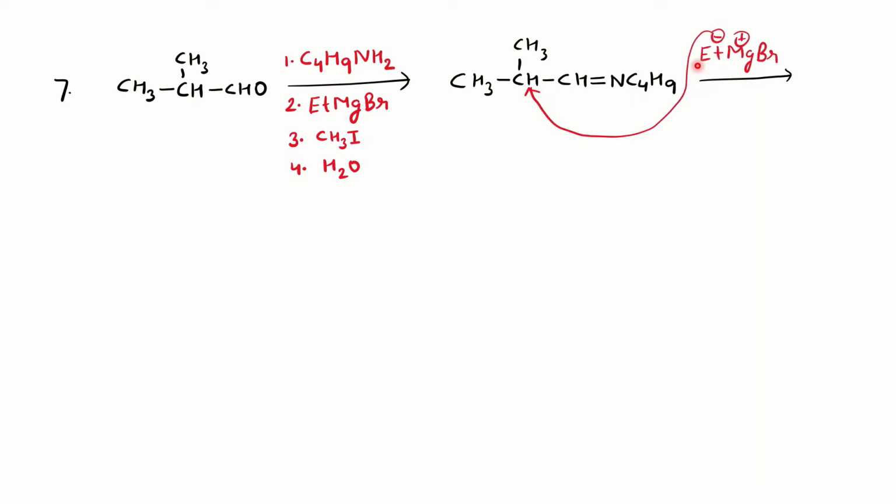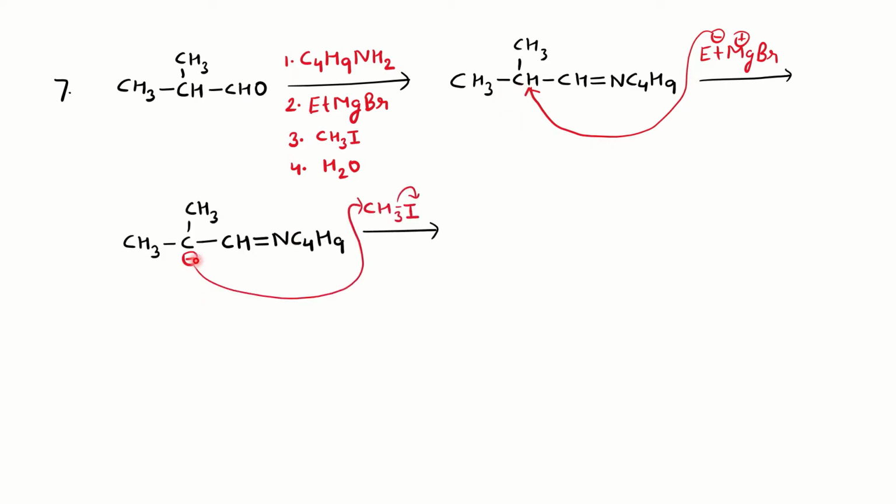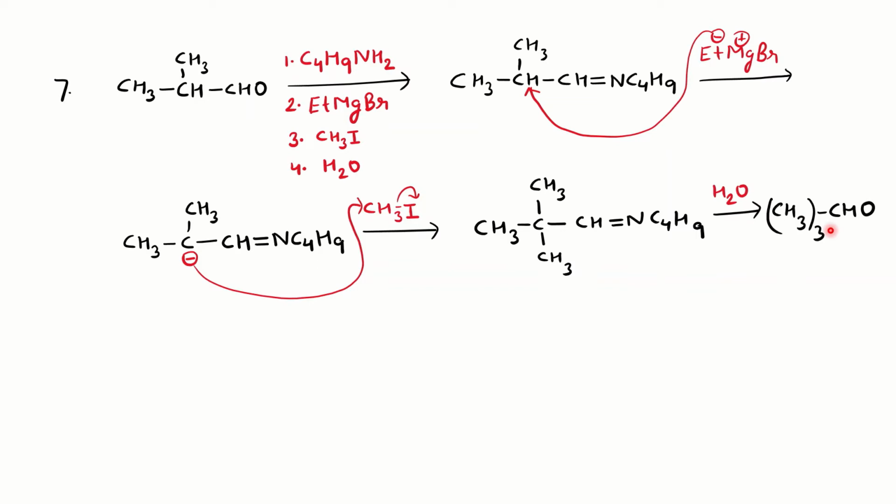For that we need a Grignard reagent or a very strong base which will abstract the most acidic proton. Once this carbanion is generated, it will attack the alkylating agent and give the C-C bond forming intermediate. In the final step, we know the removal of this amine by hydrolysis gives the product. So this is the mechanism.